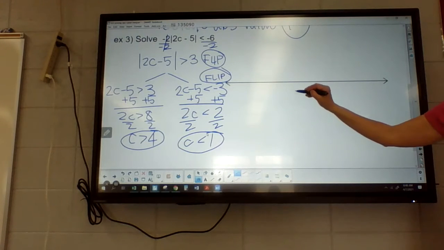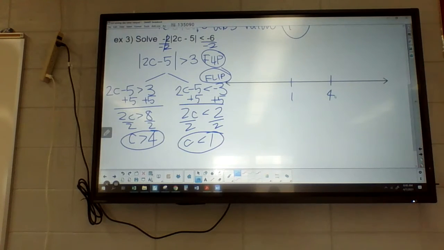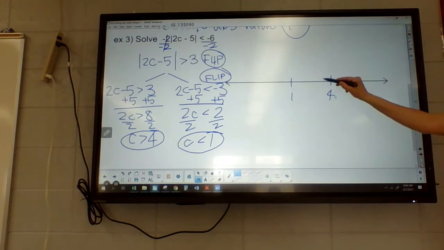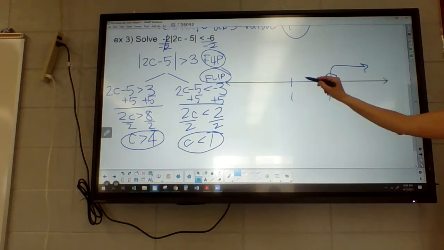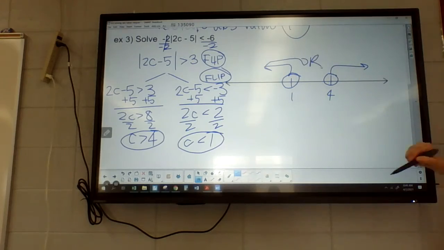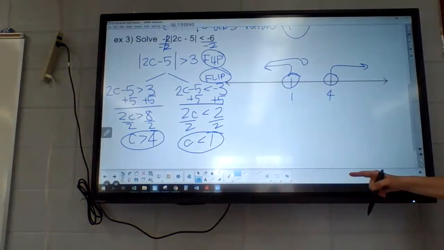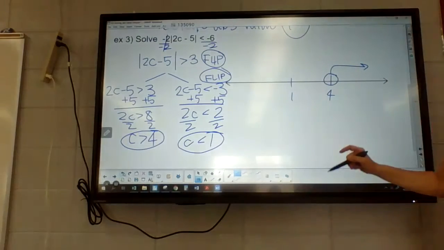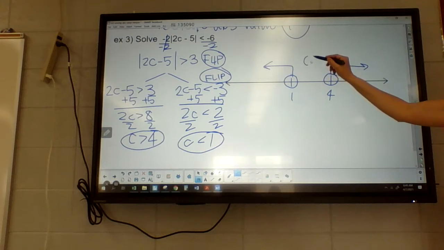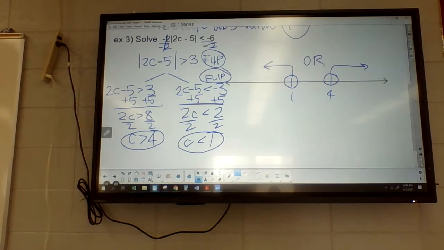So when I go to put this on my number line, I'm going to have to talk my way through this. C is what compared to 4? It's greater than 4, but it's going to be less than 1. So this one's an OR inequality.